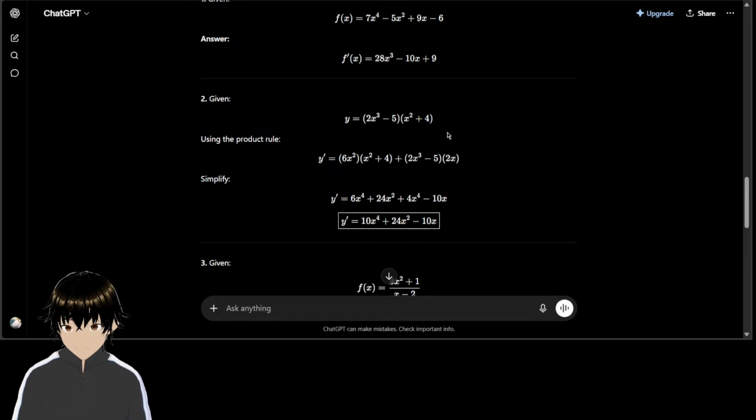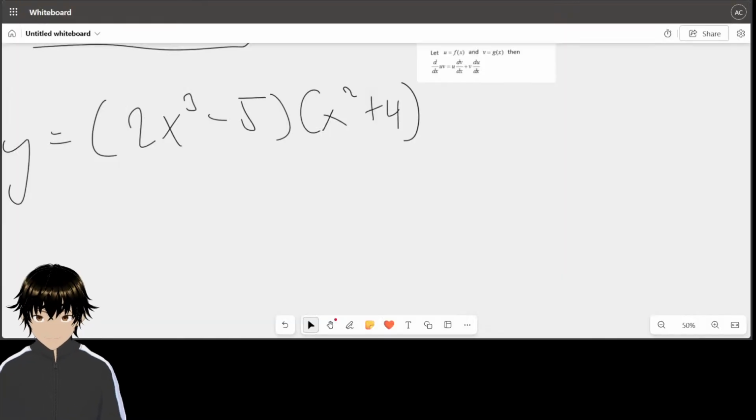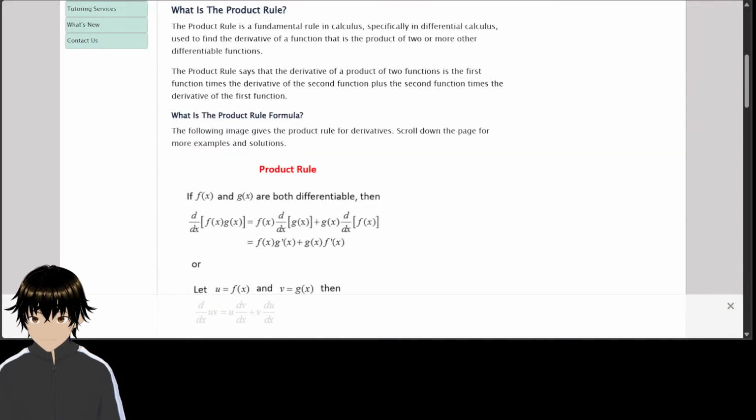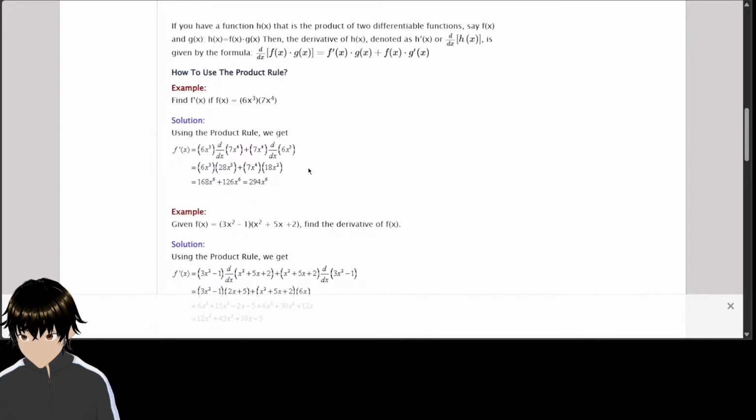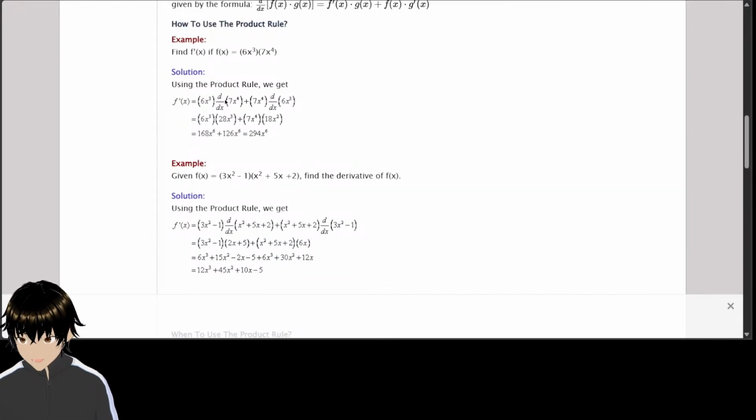So you're getting the derivative of that. Somehow we got 6x squared? 6x squared? What? So let me just check this again. Using product rule.